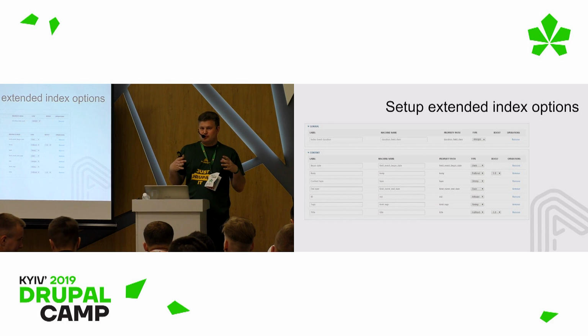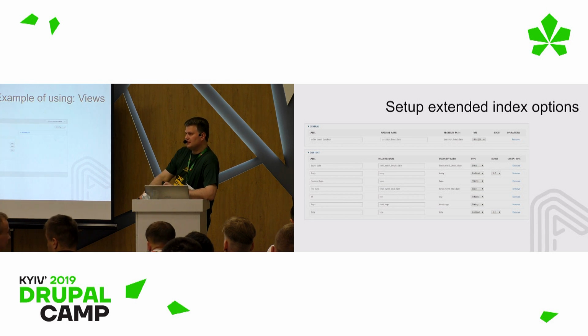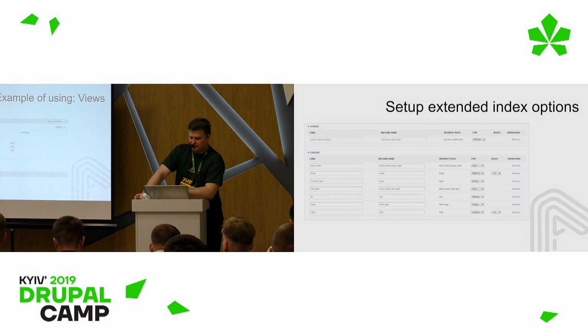So let's check how to use our indexed field and how we can use it inside custom solutions. For example, let's take a look at this slide. Here you see just a view based on a view index. As you see, we have a list of fields. It's just indexed fields from node, and also our custom field processed by our custom code and placed into the view.